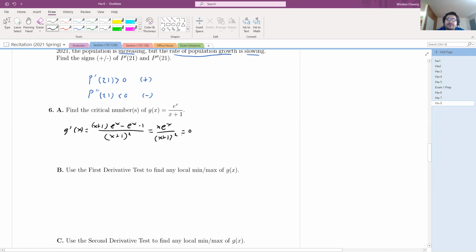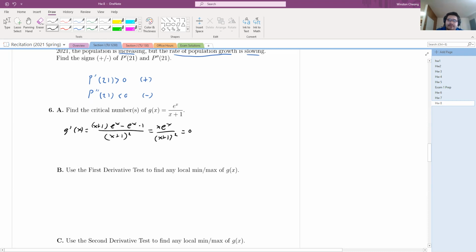And you're setting this equal to 0, or determining when it is undefined. So setting equal to 0, one thing to notice is the denominator is always going to be positive, or 0. That's the other condition. But that's not what matters. The numerator is what matters for setting this guy equal to 0.